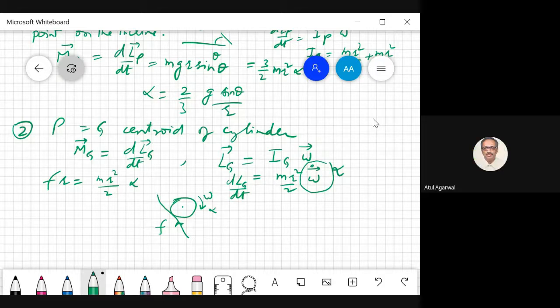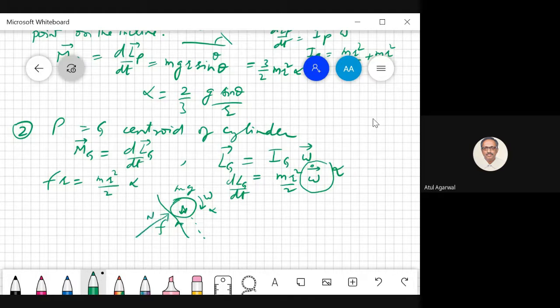Let us see. Now you see, there is an acceleration down the incline. This acceleration you have to find. There is a force. What are the forces acting on this cylinder? One is mg, another is the frictional force, another is the normal force.